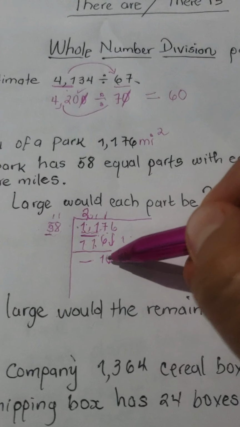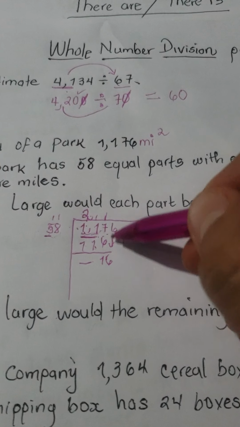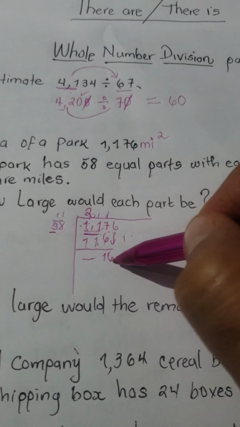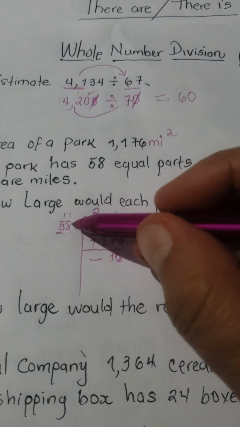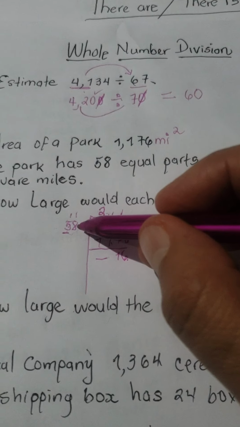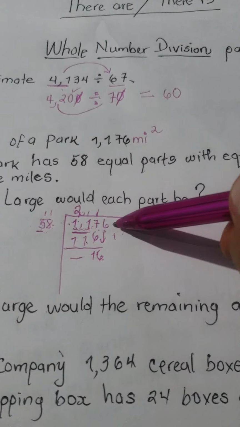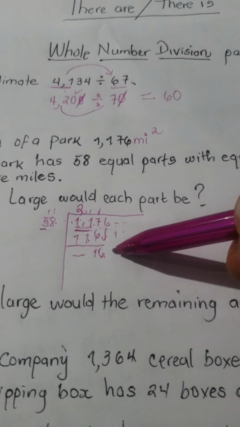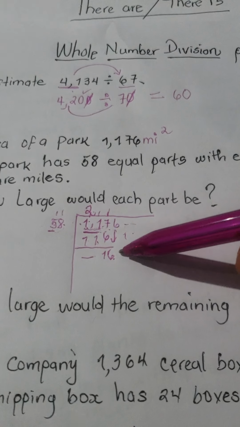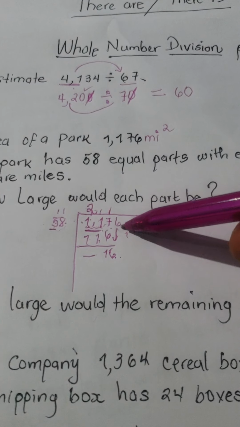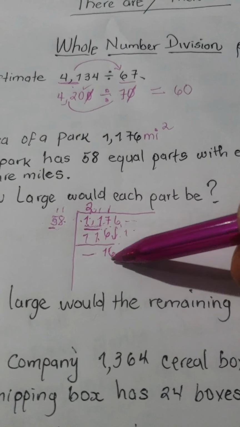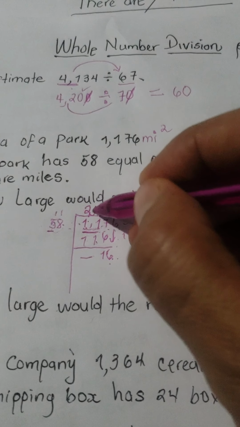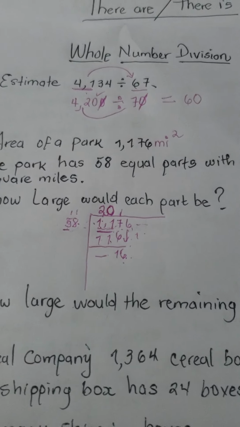As you can see, this number that you dropped down here is not enough for 58. And the problem is that we don't have any more numbers here that we can drop down and make the number bigger to continue dividing. So when this happens, when you drop down the last number and this number is not enough to divide, you add a 0 here and you finish the division.